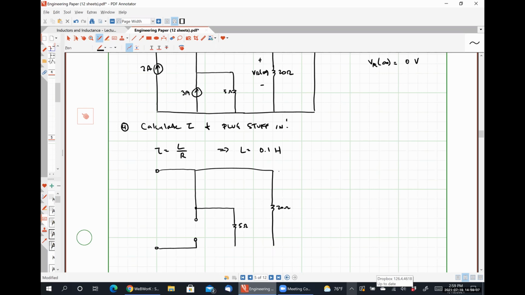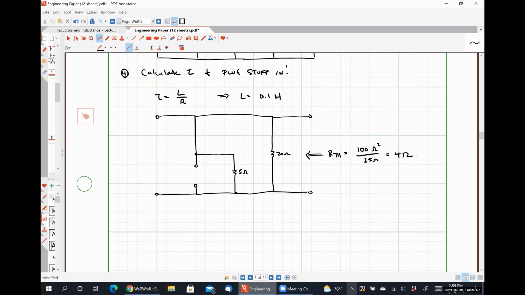And since I'm looking for the equivalent resistance or Thevenin resistance from the perspective of the inductor, I take the inductor out of the circuit and look in through the open circuit terminals left where the inductor used to be. So what should my Thevenin resistance be? 4 ohms. So 20 in parallel with 5, so that's 100 over 25. Absolutely correct.